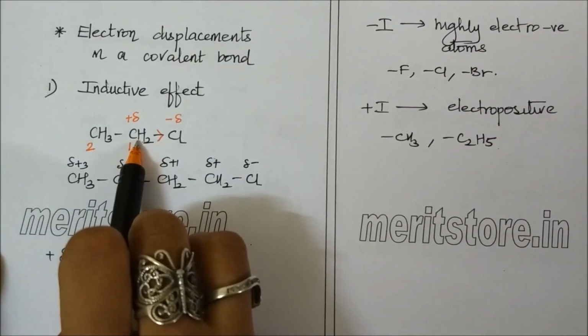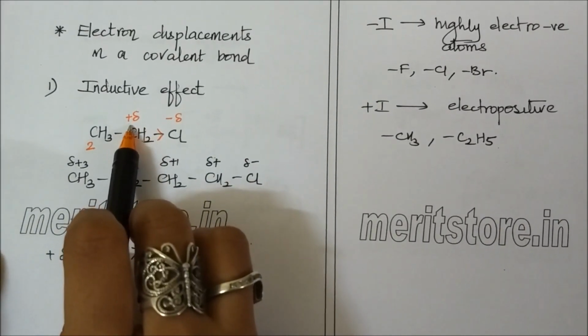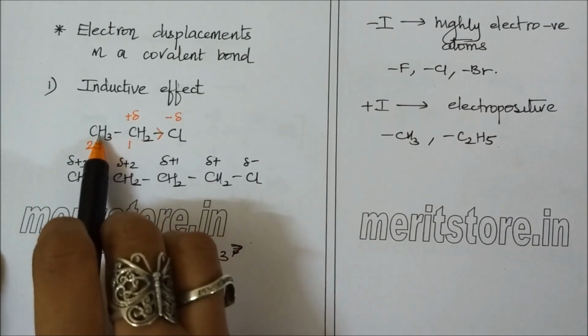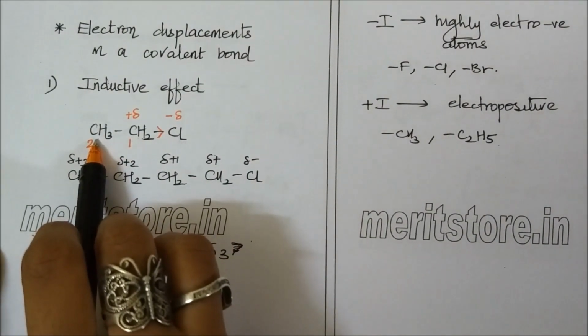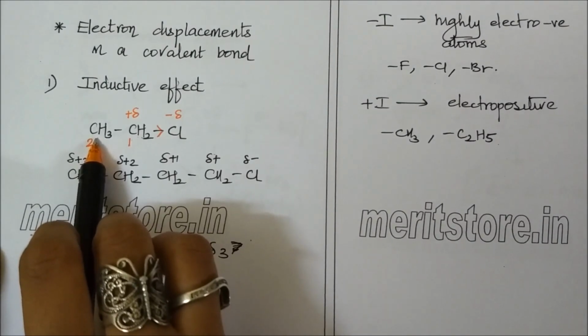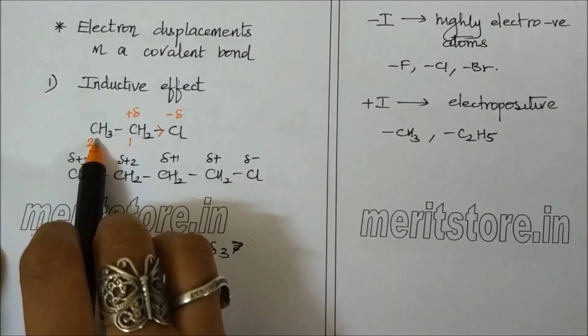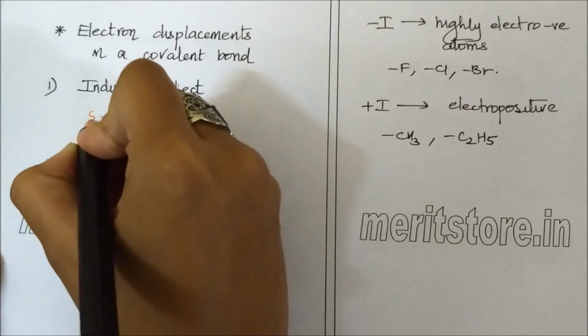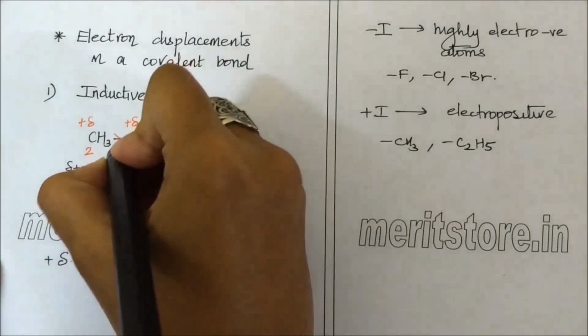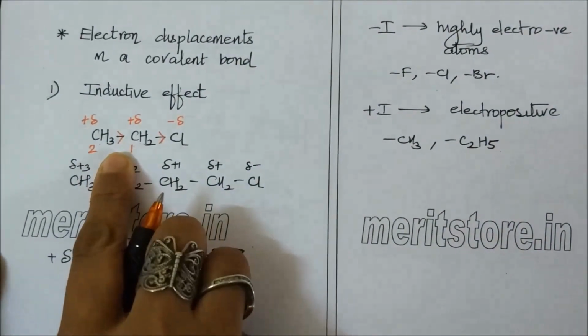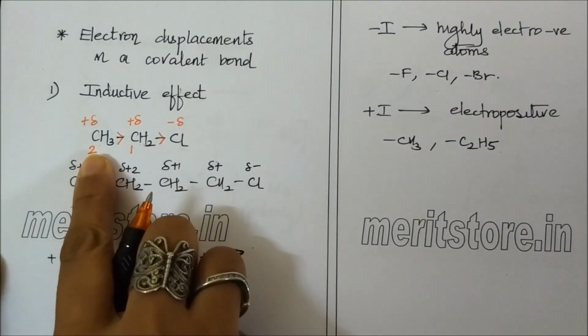C1 has developed a positive charge. Hence, it in turn draws some electron density from its adjacent neighbor. Consequently, some positive charge develops on carbon 2 because carbon 1 is pulling some electron density from carbon 2.